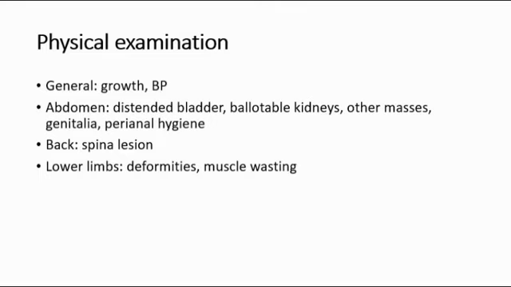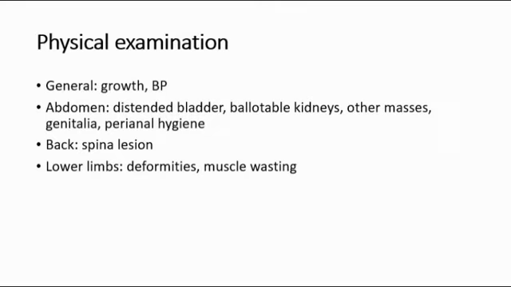For physical examination, we can look at the general appearance and can plot the growth chart and also check their blood pressure to exclude hypertension, which may be caused by renal diseases. We can also do abdominal examination to feel for any distended bladder, feel whether the kidneys are ballotable, and also palpate for other mass.